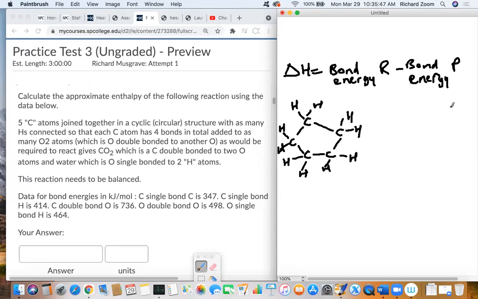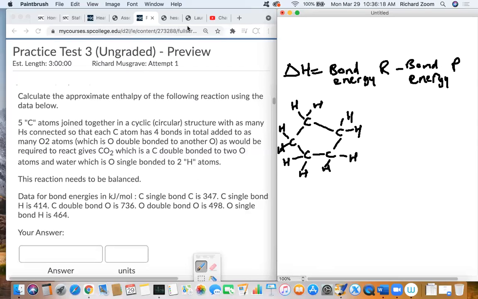Anybody got any questions? All right, how are you so far with this? Cyclic structure with as many hydrogens on it as possible. Okay, 5, 4, 3, 2, 1. Okay, so that's where we're at.